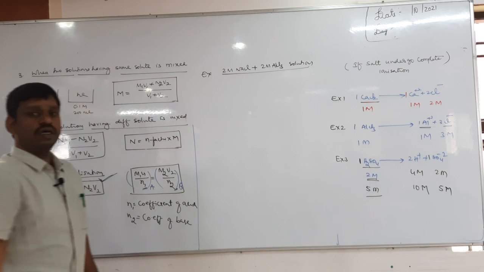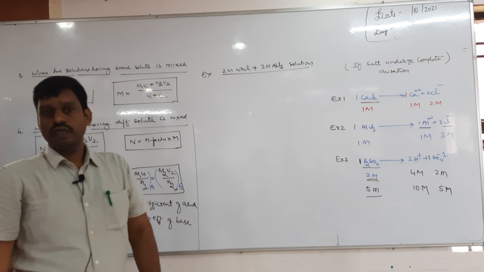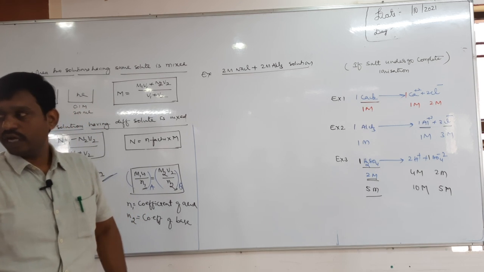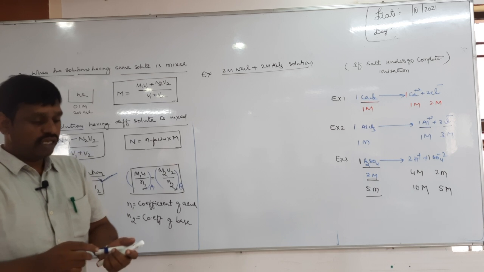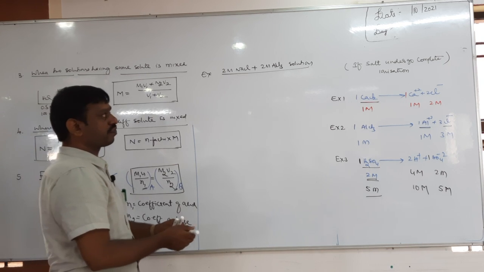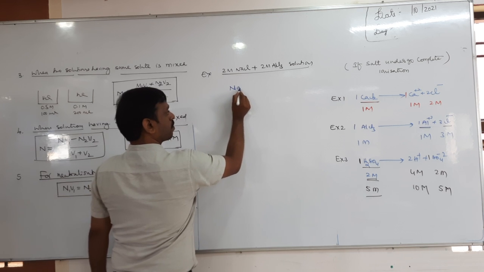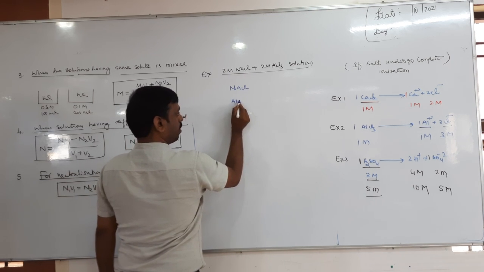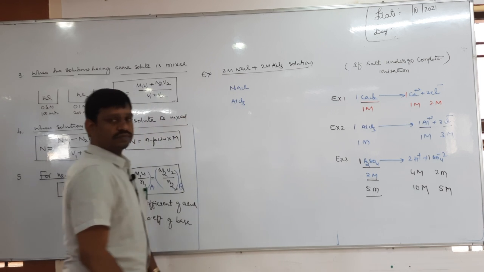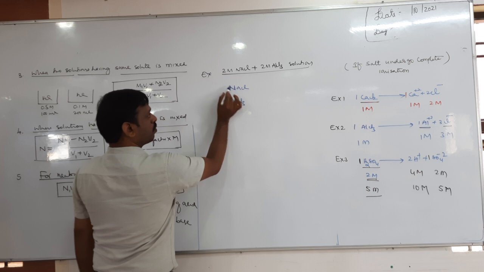Calculate the number of moles of Cl minus ions. I want only Cl minus ion. How many moles of Cl minus ions will be there? NaCl and AlCl3. Okay, you just tell me here, how many molar are taken?